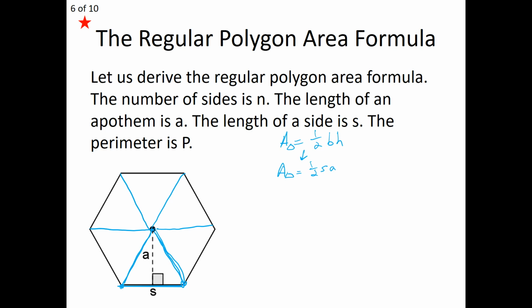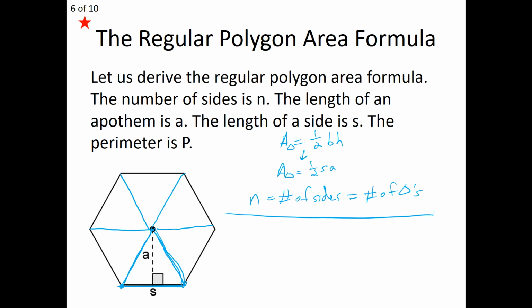And as you can see, if I compare the triangles formed, as it turns out, all those triangles are provably congruent, which means the areas of all of them are the same. So if n represents the number of sides of our regular polygon, n also represents the number of triangles that we can cut out of any given regular polygon.